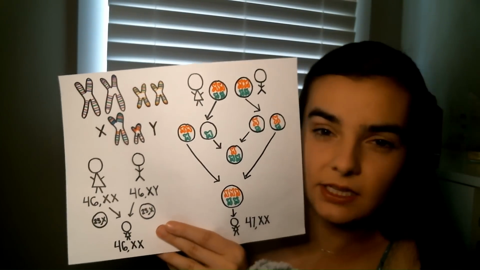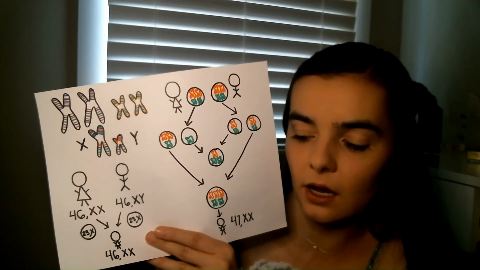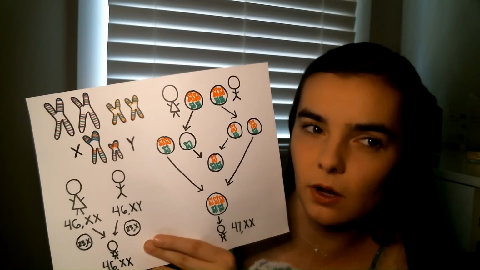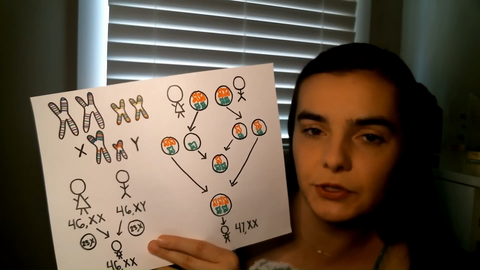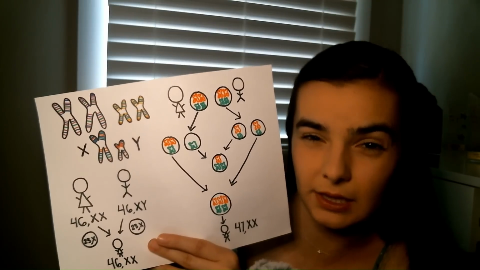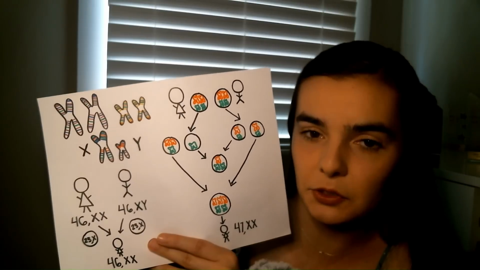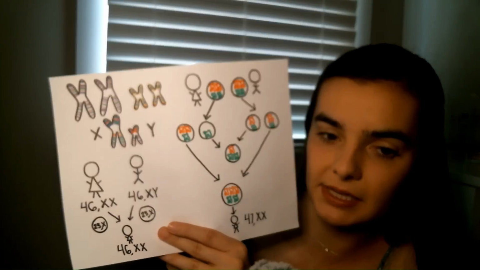And this is not going to form a living baby. There are no monosomies, is what it's called when you only get 1 of a particular chromosome. No monosomies are compatible with life, so this would either never get implanted or it would be a very early miscarriage.